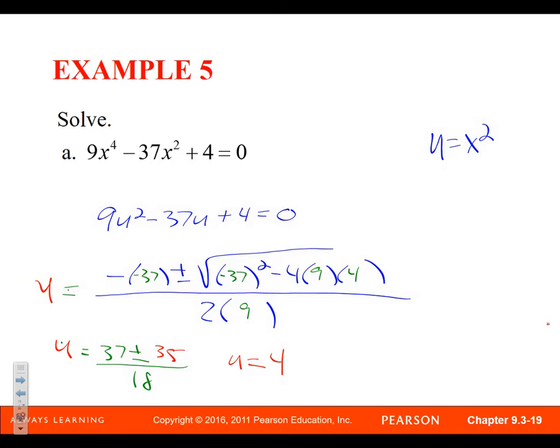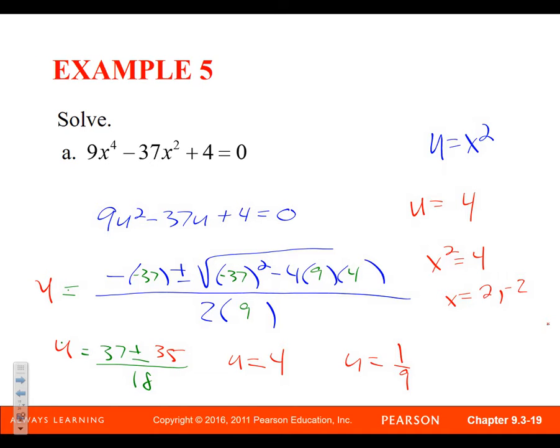So there's 1, right? And then what's the other one? 1/9. So it really wasn't u to begin with. So what I need to do is re-plug back in. So now u equals 4 becomes x squared equals 4, which means that x equals 2 or negative 2.